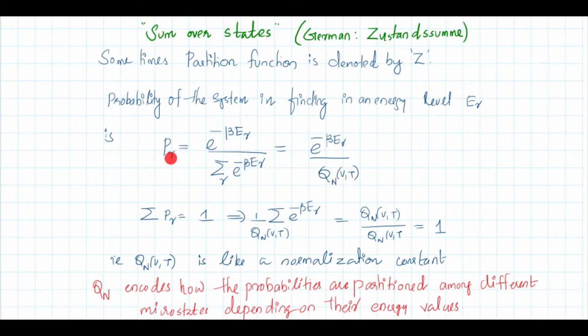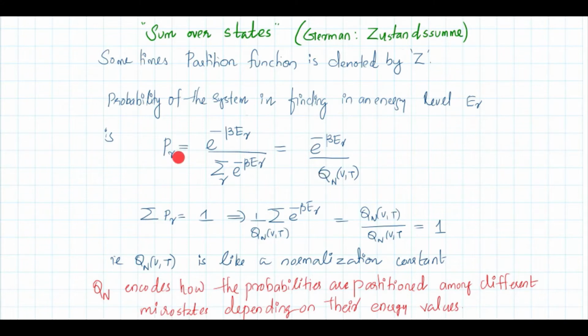Now, the probability of finding a system in a particular energy value Er is given by Pr equal to e raised to minus beta Er divided by sigma over r of e raised to minus beta Er. This I can write in terms of the partition function as e raised to minus beta Er divided by Q_N(V,T).